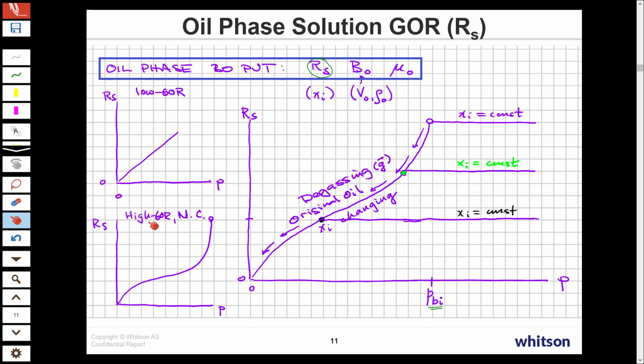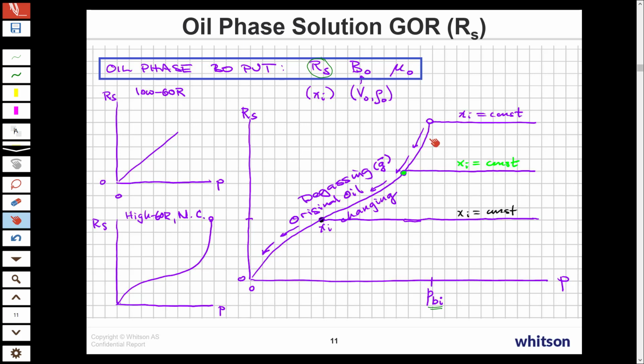If you have a high GOR, let's say above 1,500 cubic feet per barrel, 300 cubic meters per cubic meter, and up to a near critical, which might be as much as 3,500 standard cubic feet per barrel or 600 cubic meters per cubic meter, then the RS curve is going to look like an S, a very nonlinear curve with changing shape, and it'll be almost asymptotic if it's a critical mixture to this point here.